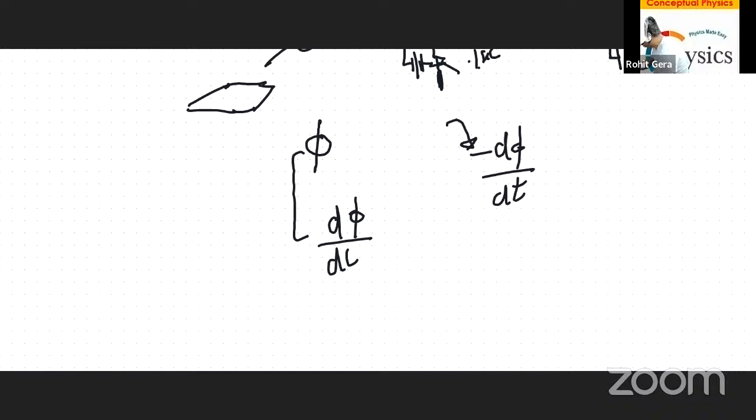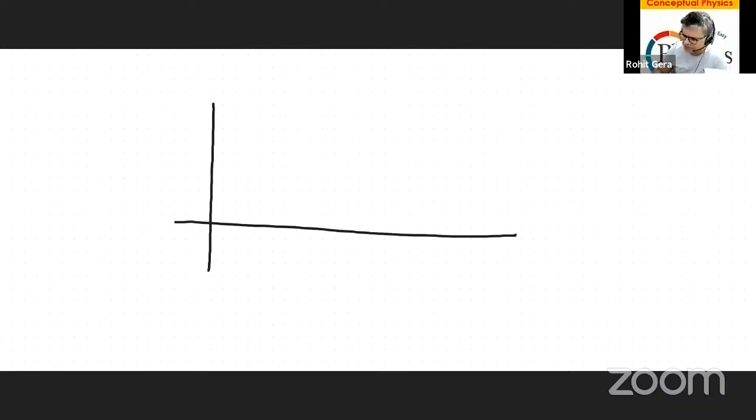Let's take an example. Okay, so let's say we are talking about a circular loop and so pi r square, and the magnetic field is passing through the, this is the diagram of magnetic field versus time.